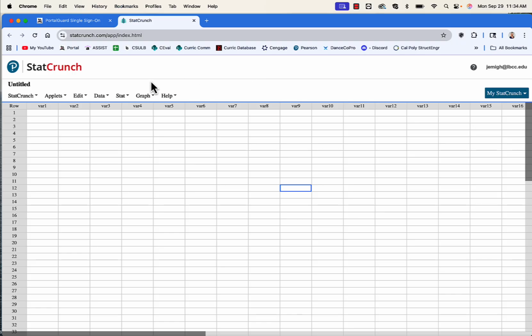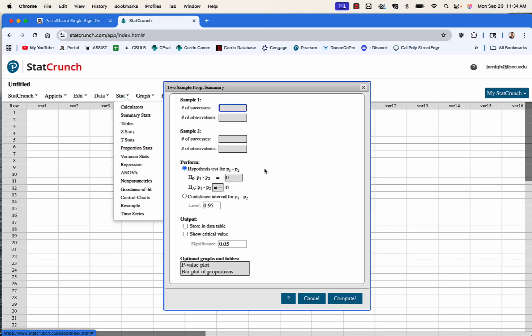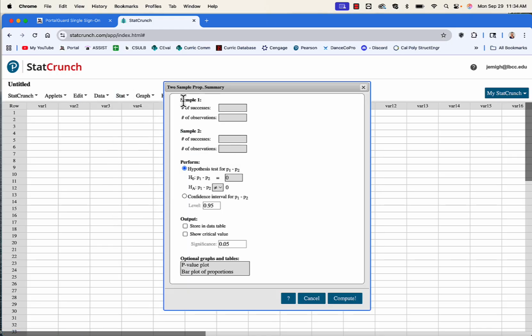Okay, here in StatCrunch, we go to Stat, Proportion Stats, not one sample, that was Chapter 8, 2 samples for Chapter 9, and we weren't given the data, we were given a summary of it. All right, number of successes for population 1, 12 people spent the money out of, there were 46 in that group.